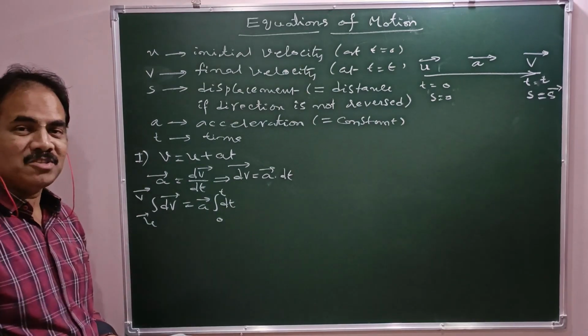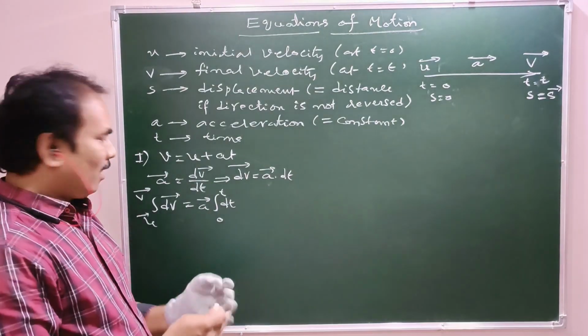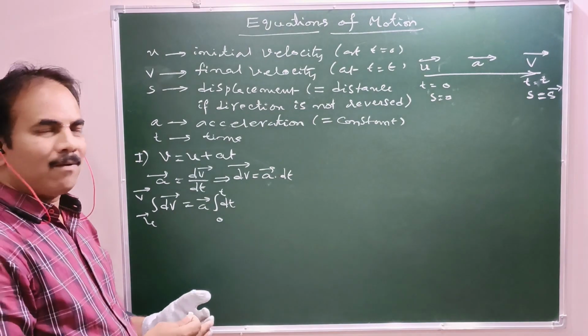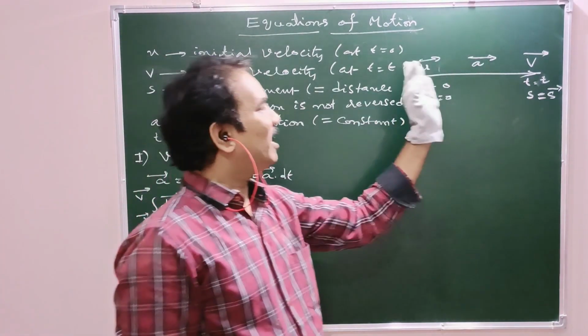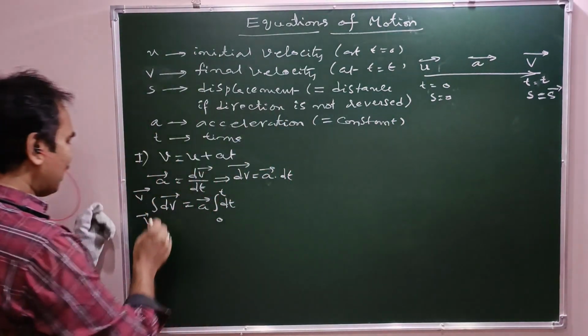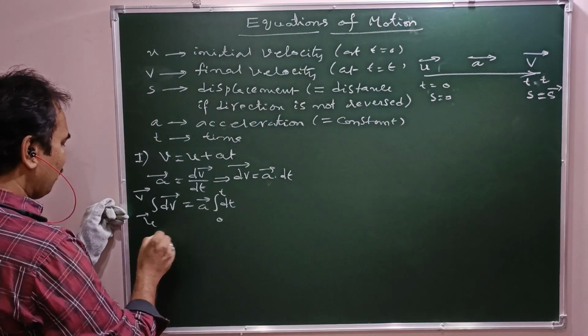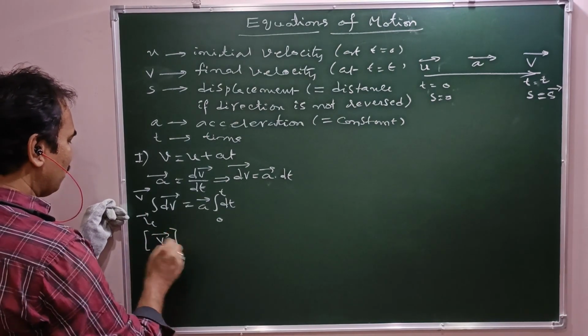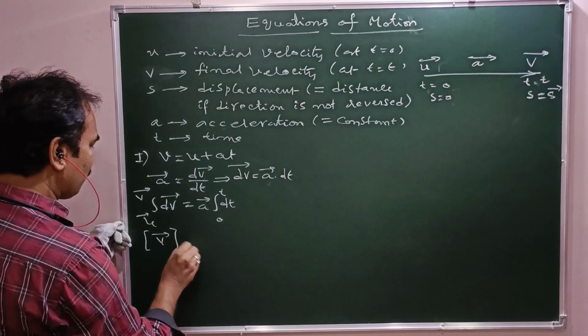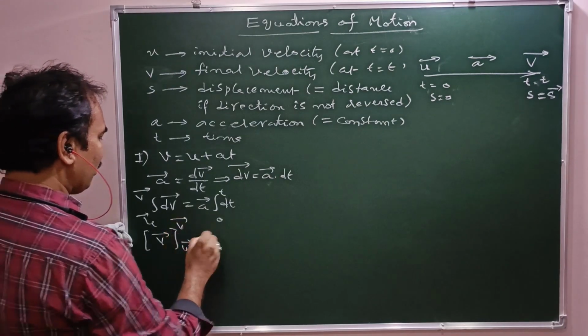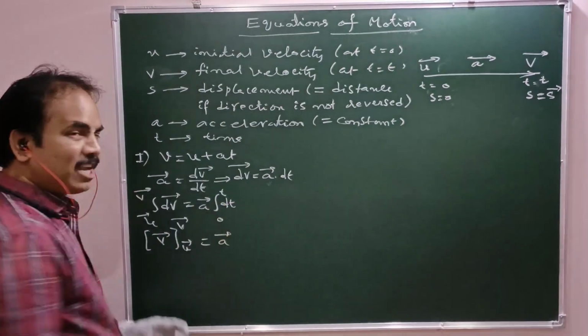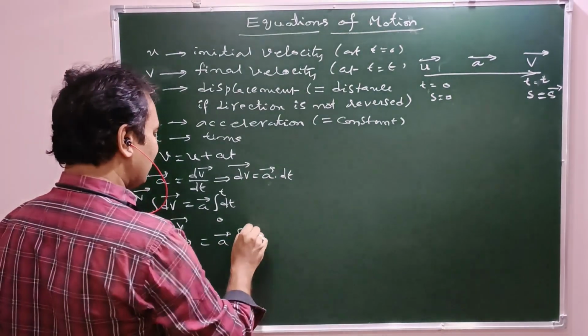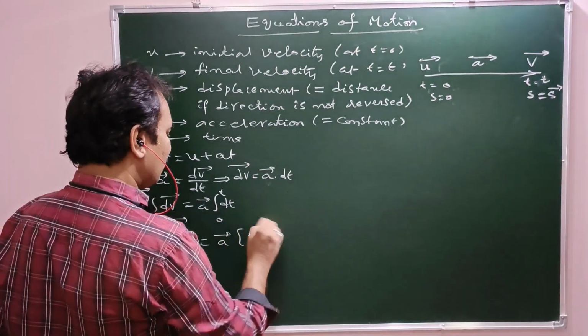Now integral dv means, if I add all these dv's, you get the large change in velocity, that is v minus u, otherwise v. So integral dv means v bar with limits u bar to v bar, equal to a bar into integral dt, which is t, with limits 0 to t.